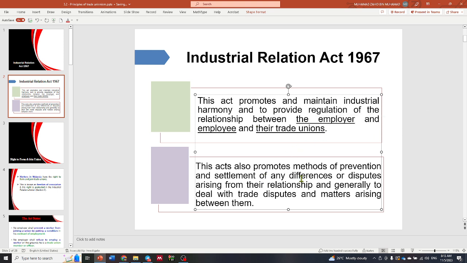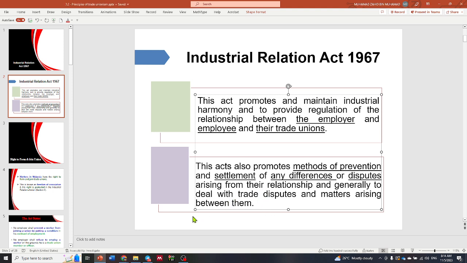This act also promotes methods of prevention and settlement of any differences or disputes arising from their relationship, and generally to deal with trade disputes and matters arising between them. So as the word suggests, methods of prevention, you have to look at these words, and settlement of any differences or disputes arising from their relationship, and generally to deal with trade disputes and matters arising between them.